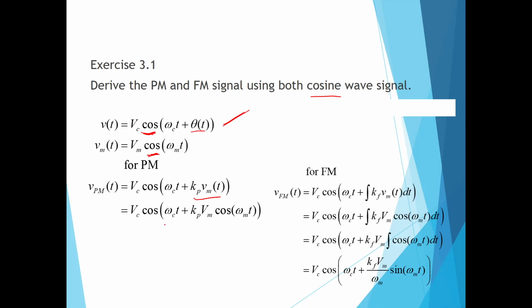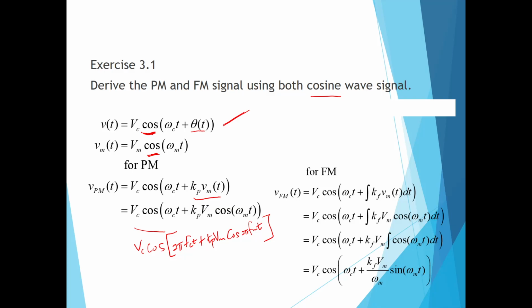So it becomes vc cos, in bracket, omega ct plus kp vm cos omega mt. This is actually vc cos, 2 pi fct plus kp vm cos 2 pi fm t, close big bracket.